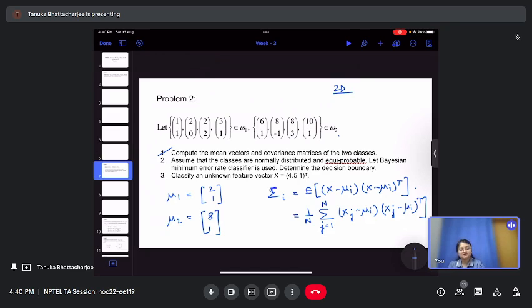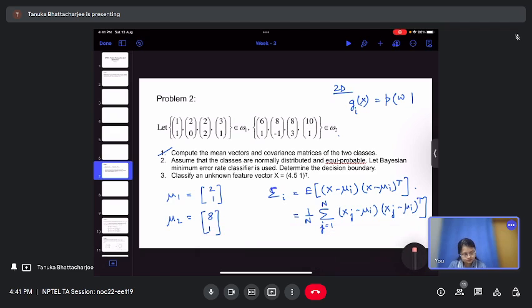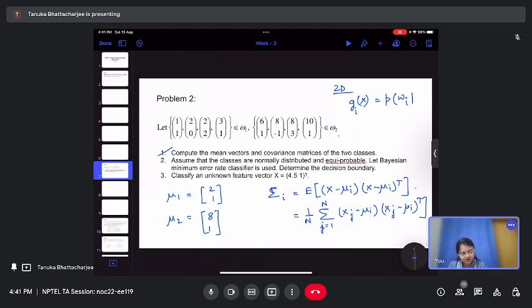In that case, as you would remember from the lecture, if we want to have the discriminant function for, let us say, class i, that will be nothing but probability of omega i given x.